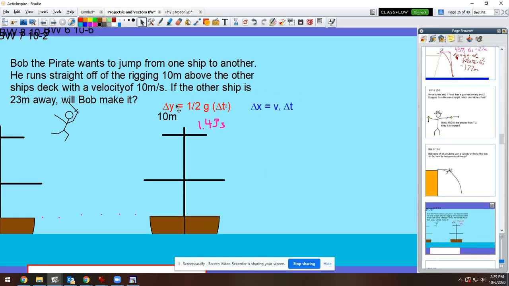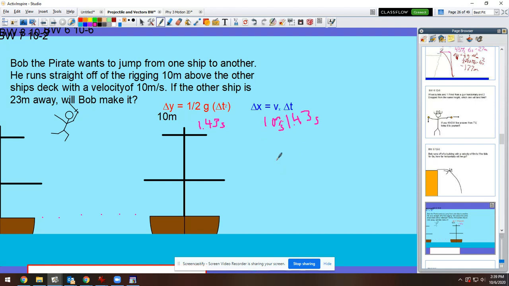And so now we take our 1.43 seconds, I'll just rewrite it, and we want to multiply this by the 10 meters per second that Bob is running. Meters per second.